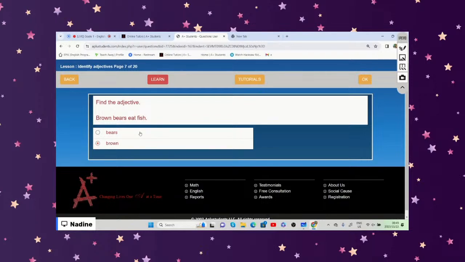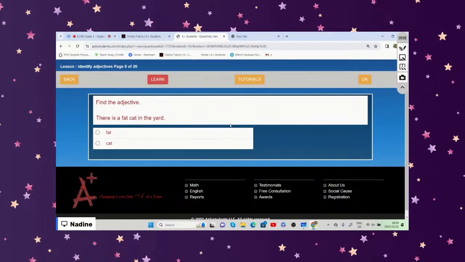How is the bear being described in color? So if we find the adjective, we can say the brown bears, they eat fish. So brown is our adjective.